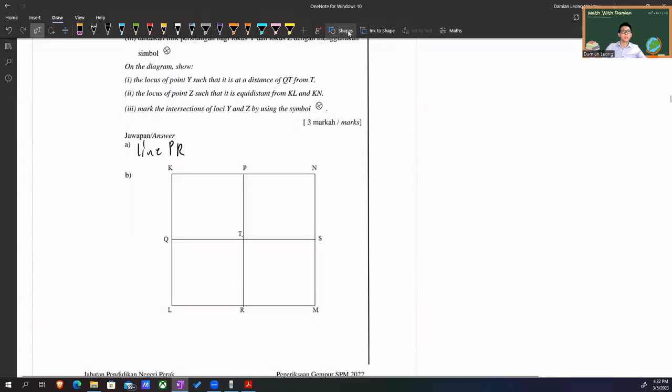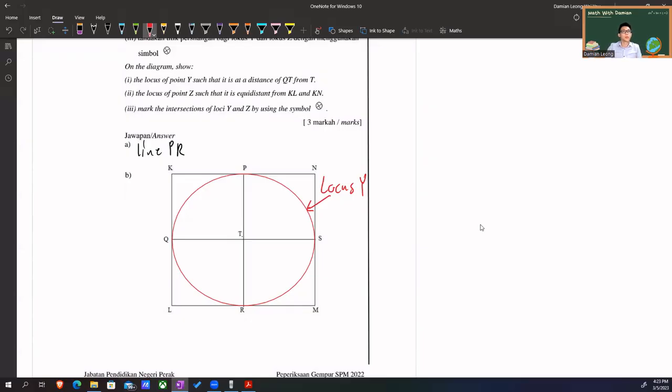So the answer will basically just be a circle with the radius of QT. From T to the end here, this is the radius. So this will be the locus Y.